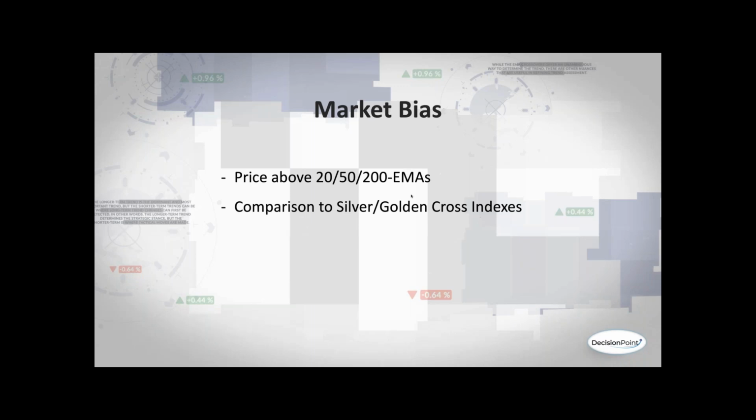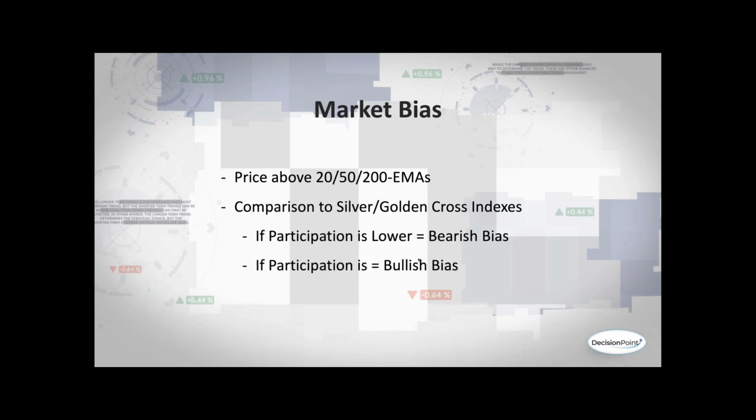The Golden Cross index measures how many stocks have a 50 above the 200-day EMA. If your participation, these numbers, are lower than these numbers, you have a bearish bias. If participation is higher, then you have a bullish bias.